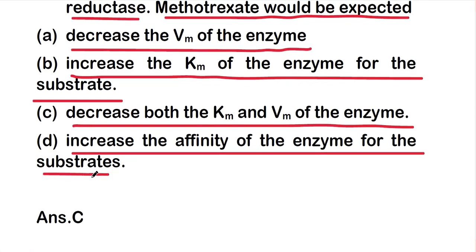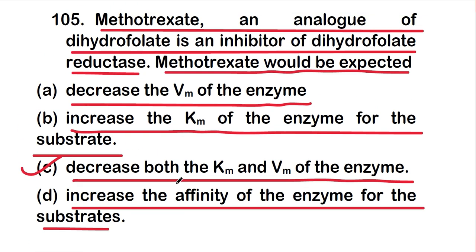And the right one is option C, that is decrease both the Km and Vmax of the enzyme. So methotrexate, an analog of dihydrofolate, is an inhibitor of dihydrofolate reductase, and it decreases both Km and Vmax of the enzyme and inhibits it.